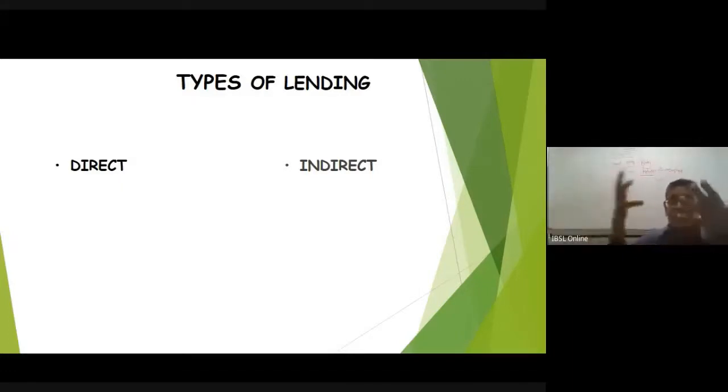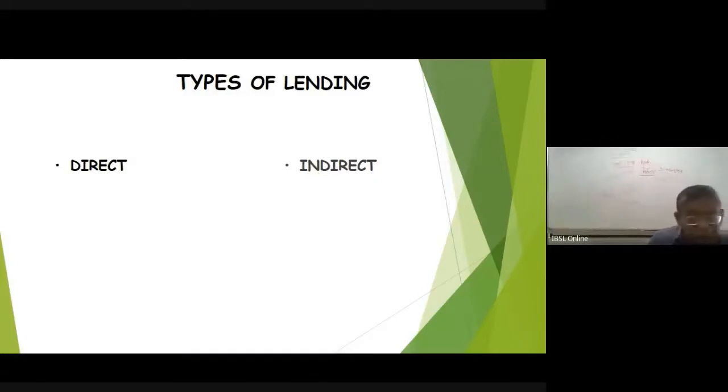Suppose a customer comes to the bank and asks for a loan, and the bank gives the money. Cash outflow, cash going out from the bank. Those we call direct advances or direct lending.